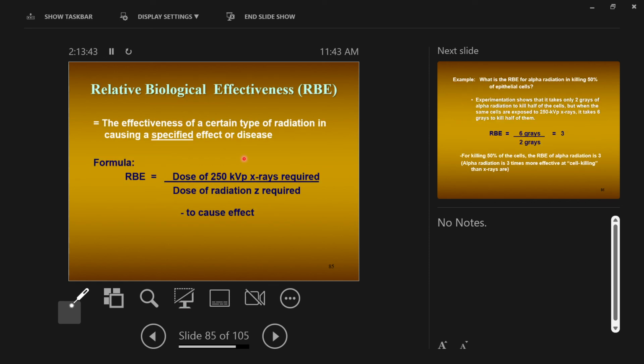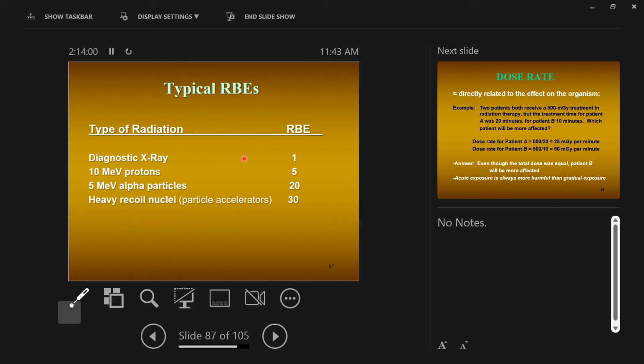What are you comparing the radiation to? Yeah, you're comparing it to X-rays. You're comparing apples to apples, right? An apple is no more apple-y than an apple. So if you're comparing apples to apples, there's a 1-to-1 relationship here. You're comparing X-rays to X-rays, apples to apples, okay?